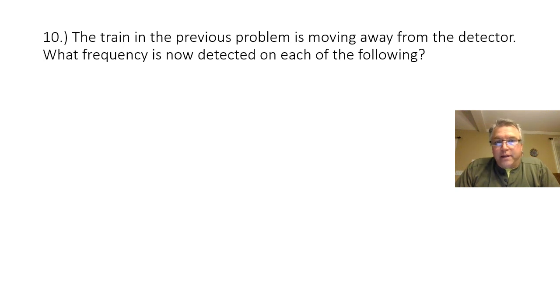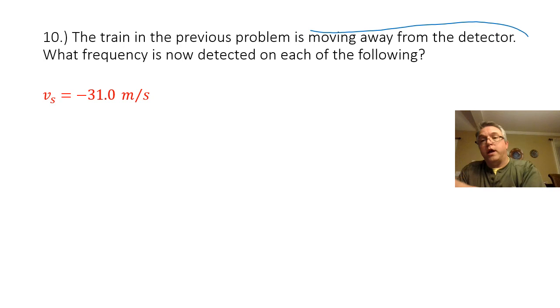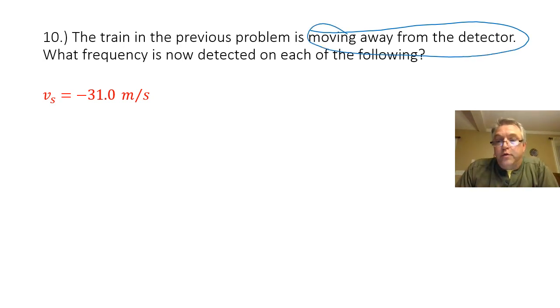Problem 10. The train in the previous problem is moving away from the detector. And what frequency is now detected on each of the following? So a lot of my information has stayed the same from the previous problem. The velocity of my source is still 31 meters per second, but now it's negative 31 meters per second because it is moving away from the detector or the observer of the sound wave.